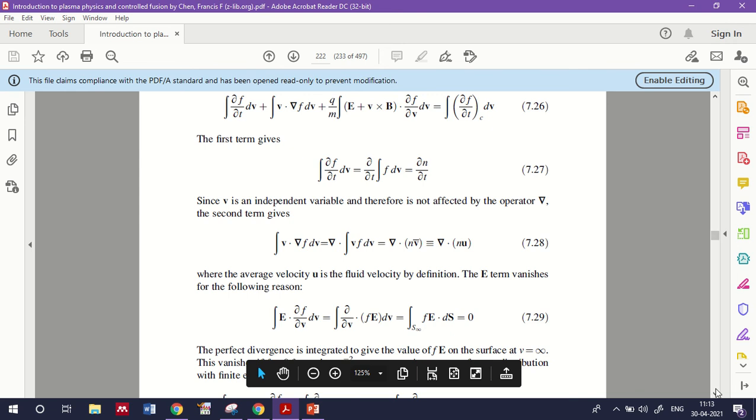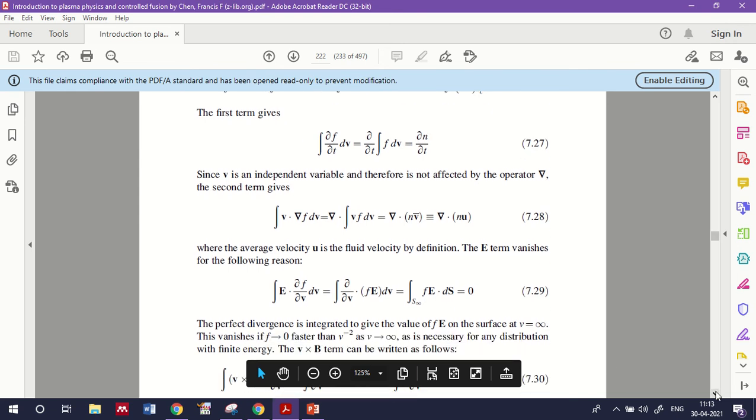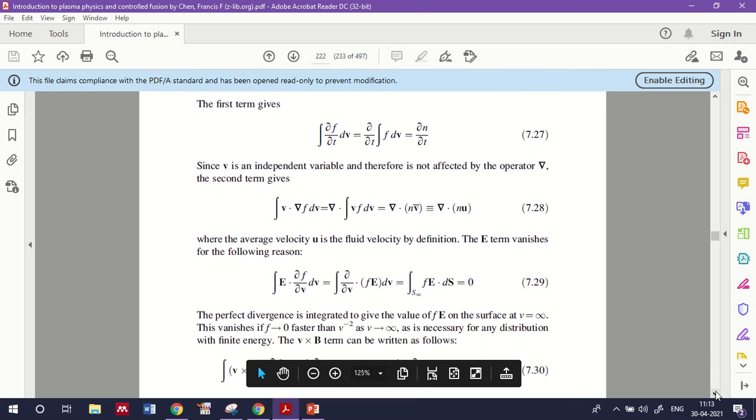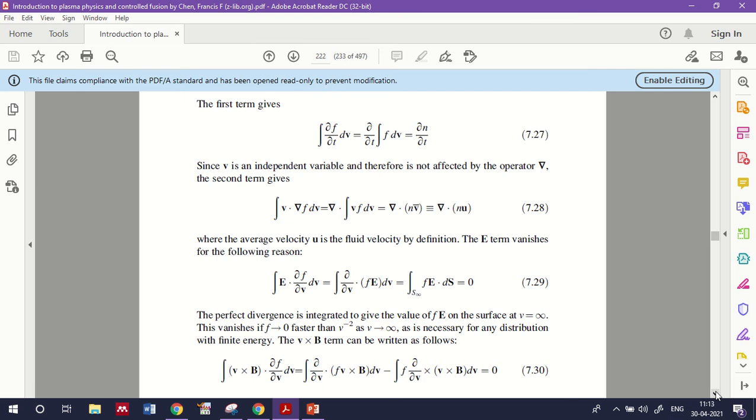How do we do this? The perfect divergence is integrated to give the value of fE on the surface at v equal to infinity. In that case, we can say that f tends to 0.